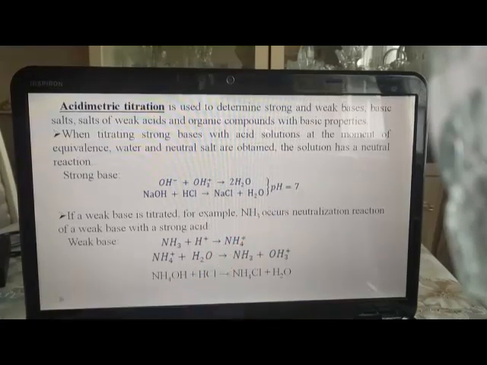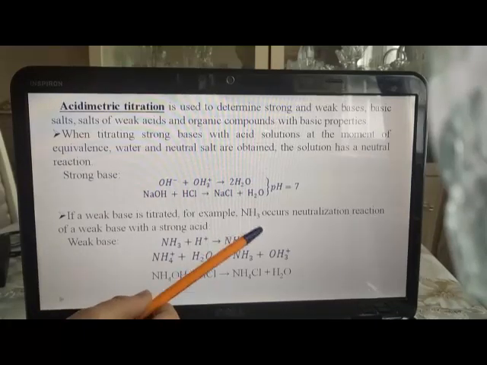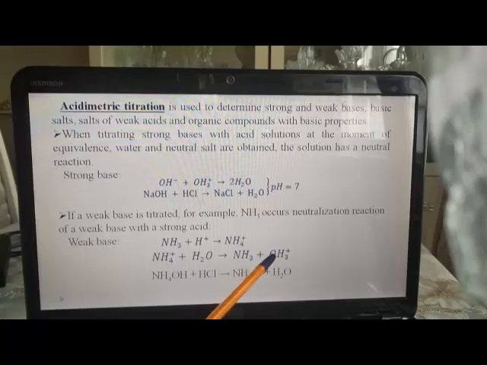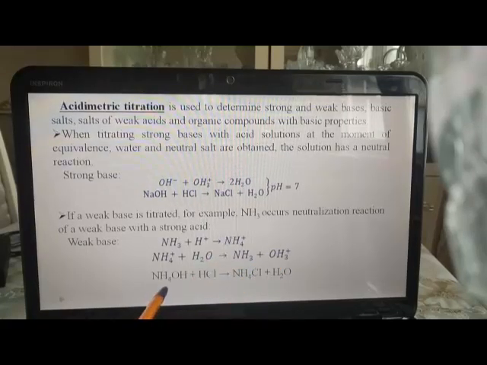If a weak base is titrated, for example ammonium, a neutralization reaction of a weak base with a strong acid occurs. For example, weak base ammonium cation plus water forms free ammonia gas and hydroxonium ion, and we can represent the reaction in this form: ammonium hydroxide plus hydrogen chloride forms ammonium chloride, and water.